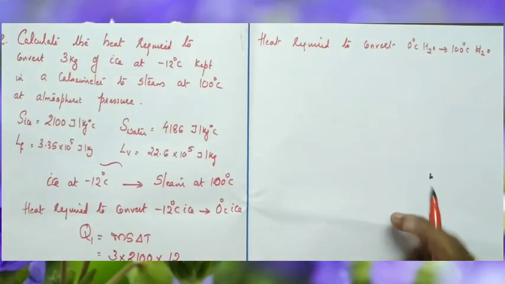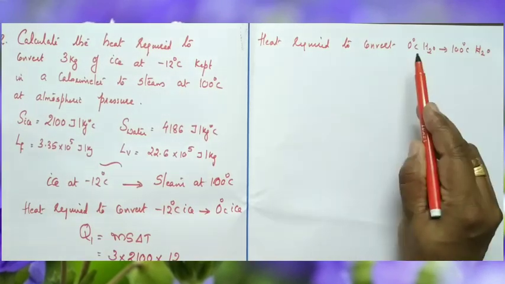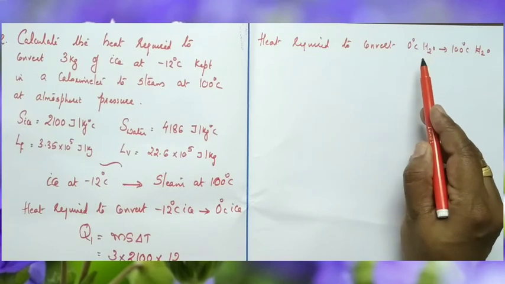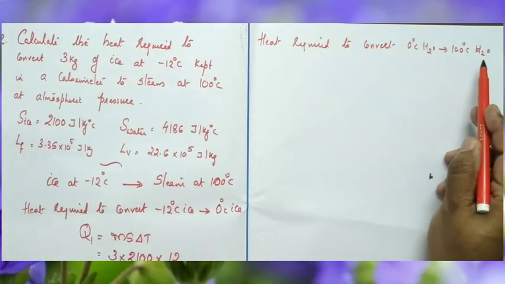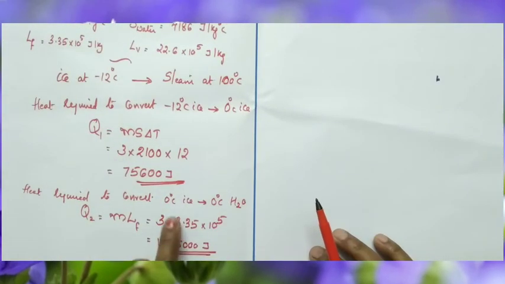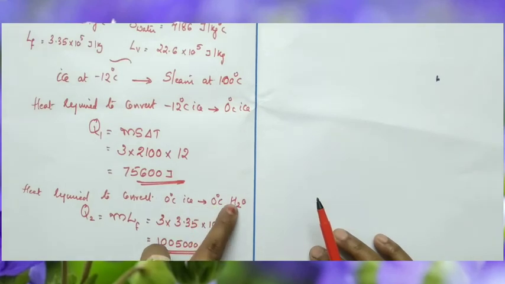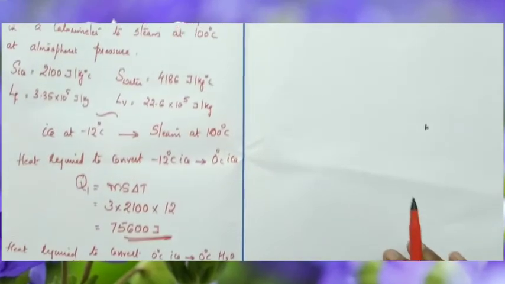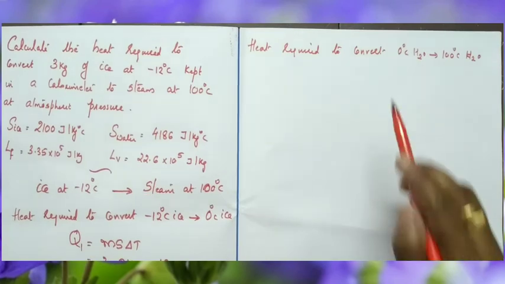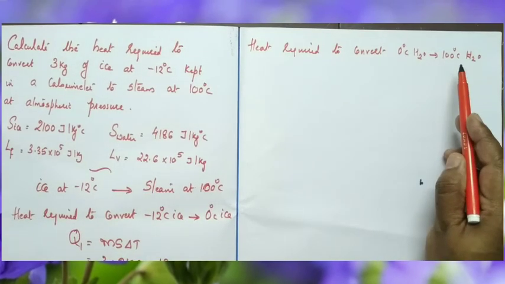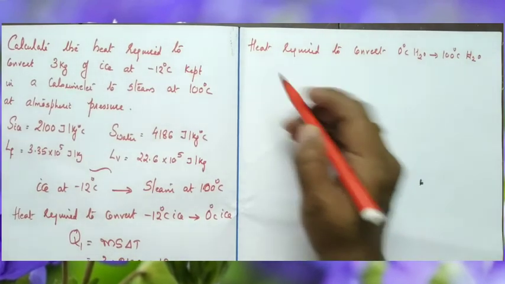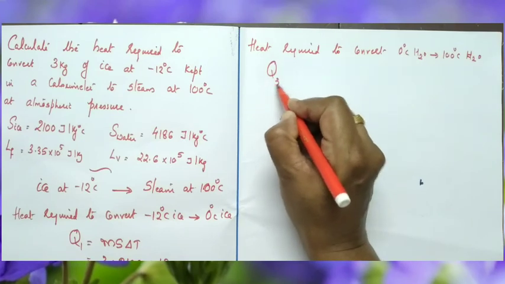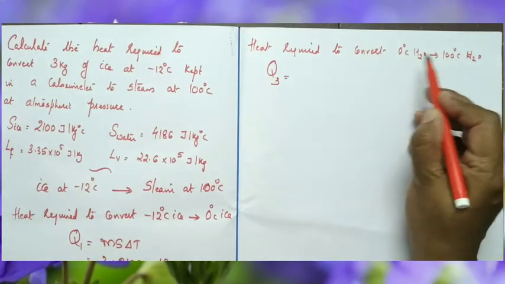Now, the third step is heat required to convert 0 degrees Celsius water to 100 degrees Celsius water. The second step was 0 degrees Celsius ice to 0 degrees Celsius water. If again quantity of heat is given, 0 degrees Celsius water becomes 100 degrees Celsius water. The quantity of heat required is Q3 equal, here there is change in temperature.